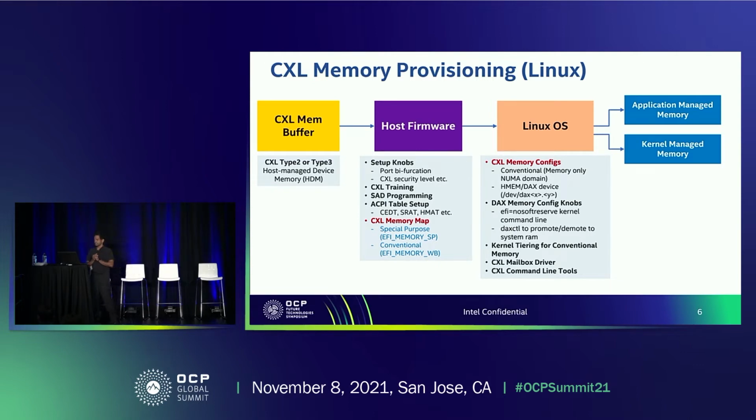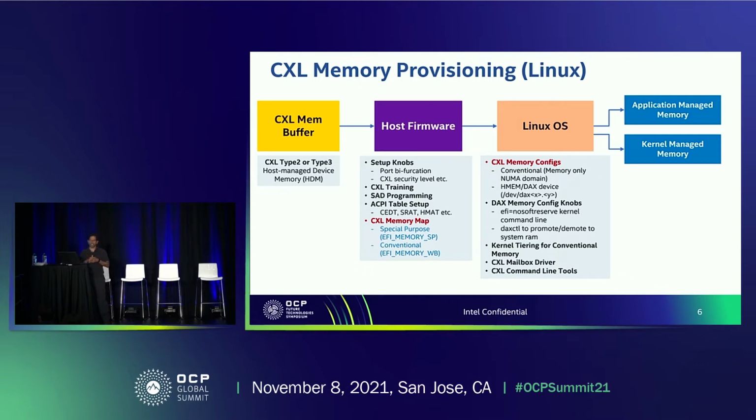If it doesn't tag that as special purpose memory, for all practical purposes, Linux sees that as another memory-only NUMA domain and does the provisioning just like any other host DRAM memory domains. So the memory config is either conventional memory, where the kernel is managing it, or the DAX device, if it is special purpose memory.